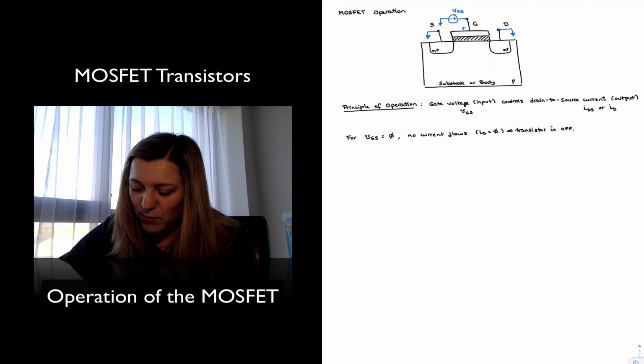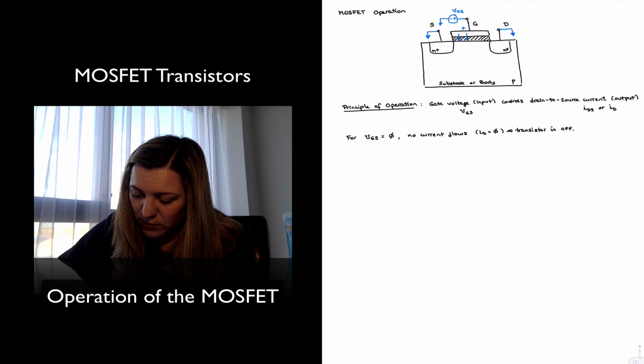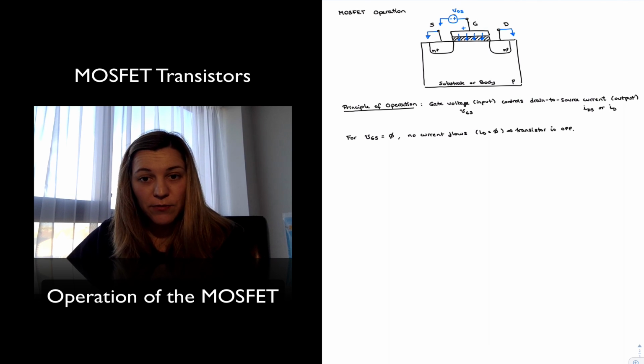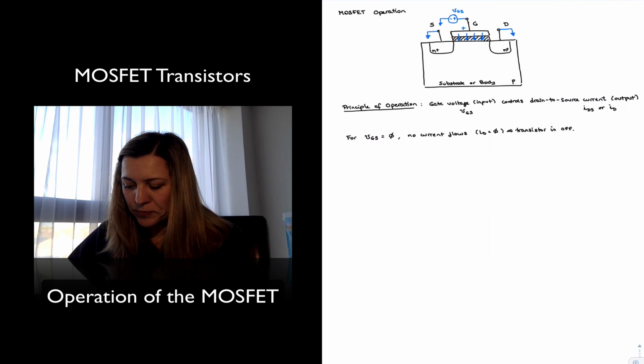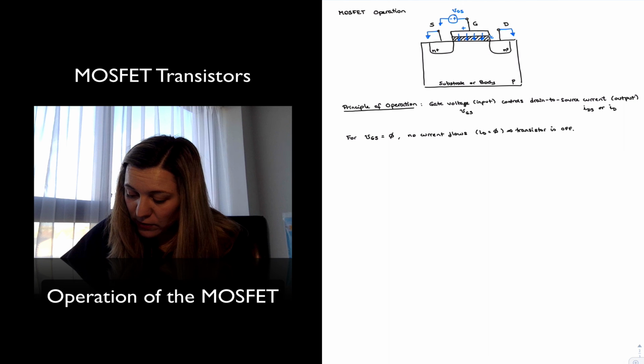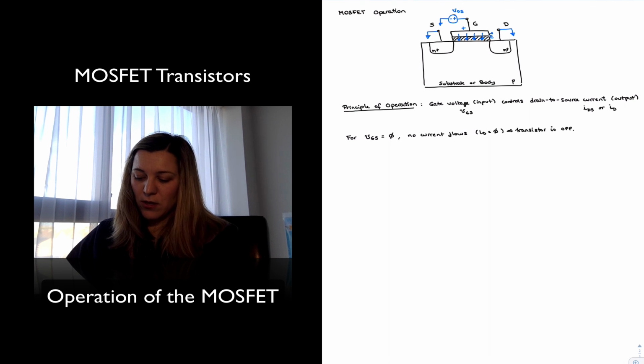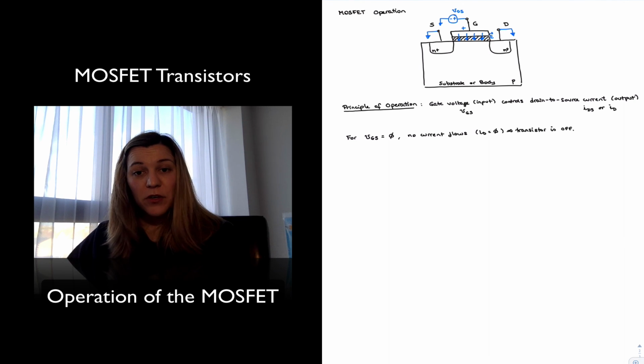And so if I have a more positive voltage over here, my electric field is being created pointing from gate to the channel underneath to the substrate. That's my electric field. As I keep increasing my VGS, my electric field grows stronger and stronger.